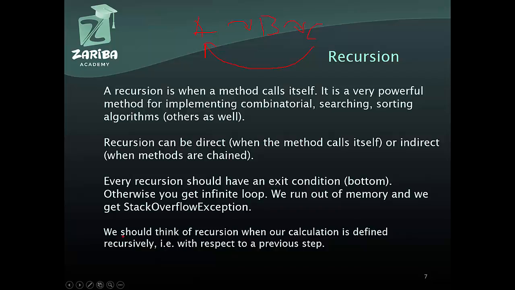And now comes the mathematical view on the topic. Recursion is normally used when you have a problem where the solution can be divided into steps, and each step is determined by the previous step.